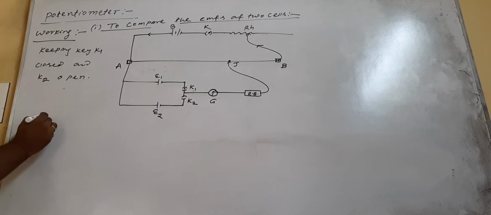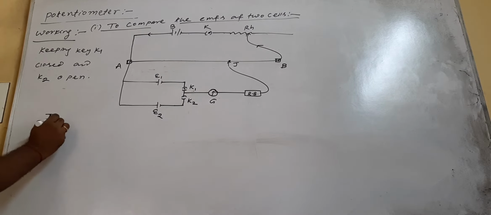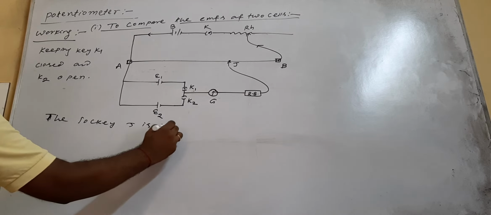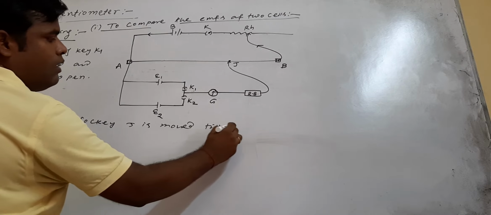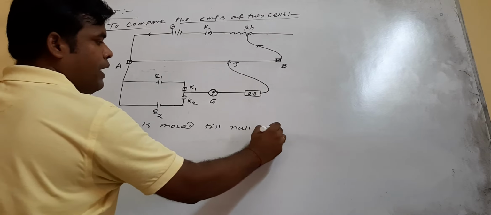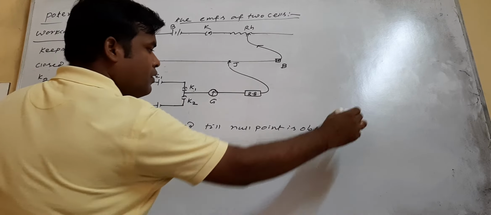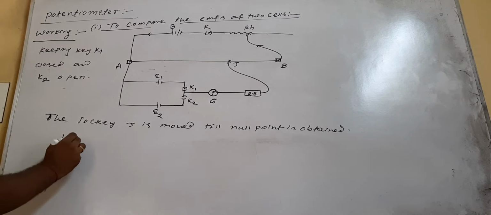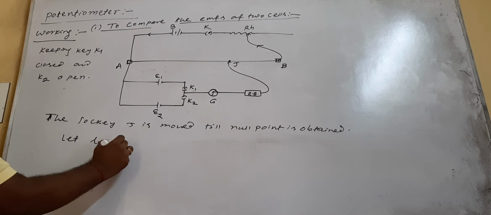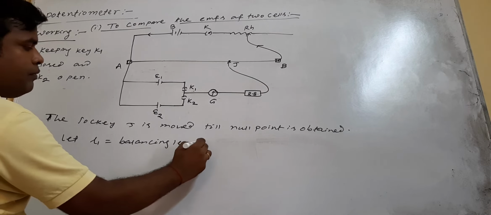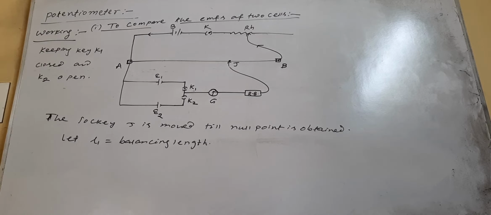That means the jockey J is moved till the null point is obtained. Let L1 be the balancing length.